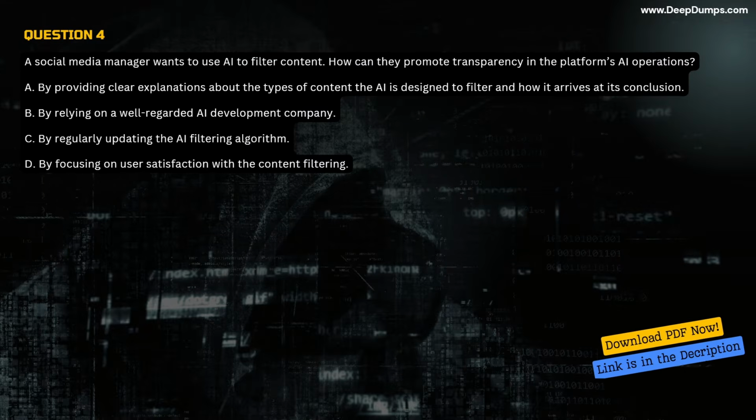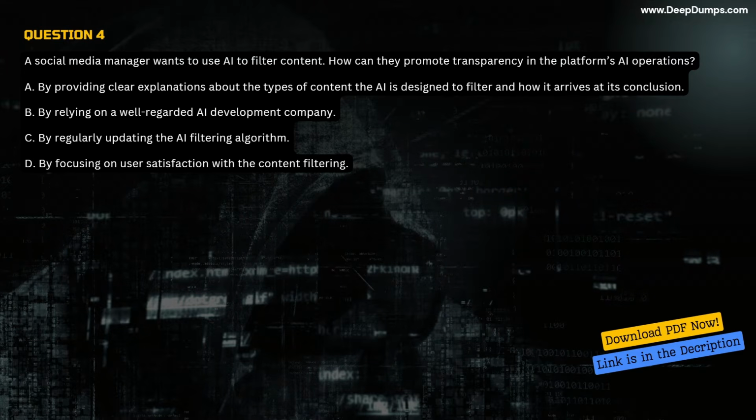Question 4. A social media manager wants to use AI to filter content. How can they promote transparency in the platform's AI operations? A. By providing clear explanations about the types of content the AI is designed to filter and how it arrives at its conclusion. B. By relying on a well-regarded AI development company. C. By regularly updating the AI filtering algorithm.